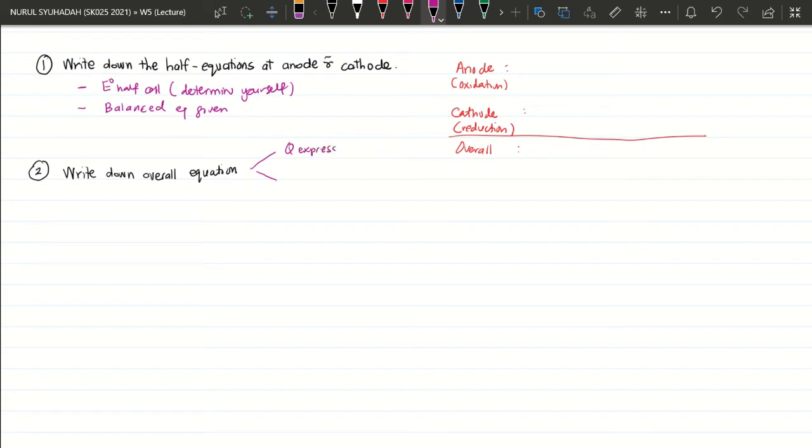This Q expression can only be written down if you have the overall balanced equation. And the second is to find n. Still remember what our n is? The number of electrons involved in the reaction itself. So that's why it is very important to write down the overall equation.